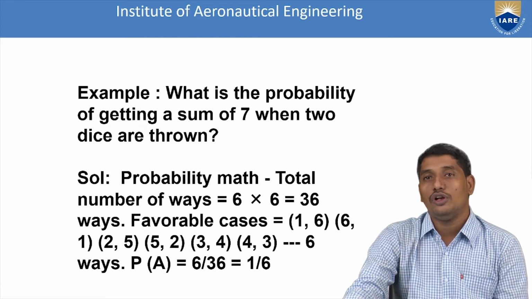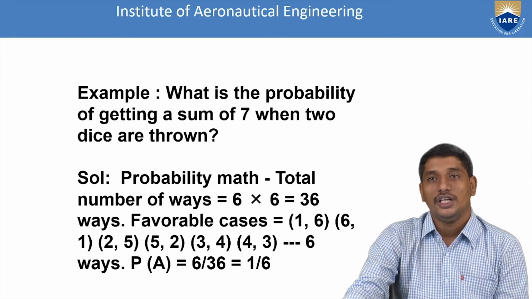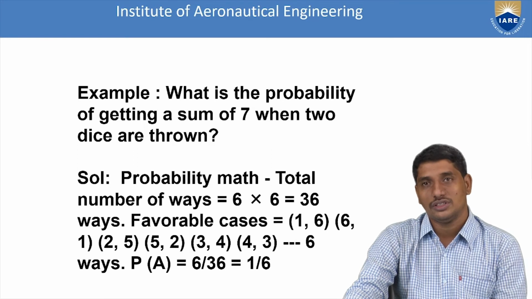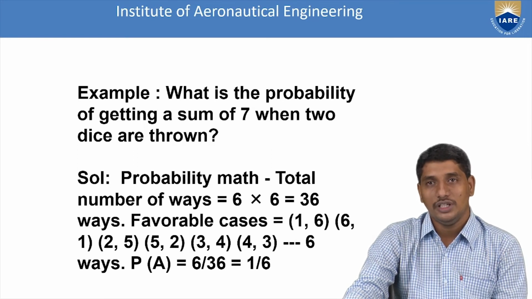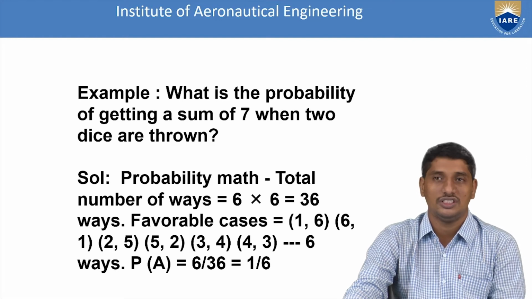Same way, if you roll a die, the possibilities are 6 because the faces are 1, 2, 3, 4, 5, 6. The possibilities of rolling a die one time is 6. If you roll a die two times, then the possibilities will be 6 times 6, that is 36 possibilities, that is 6 square.